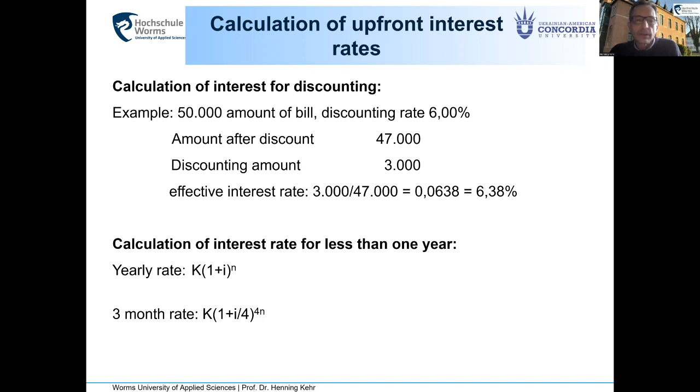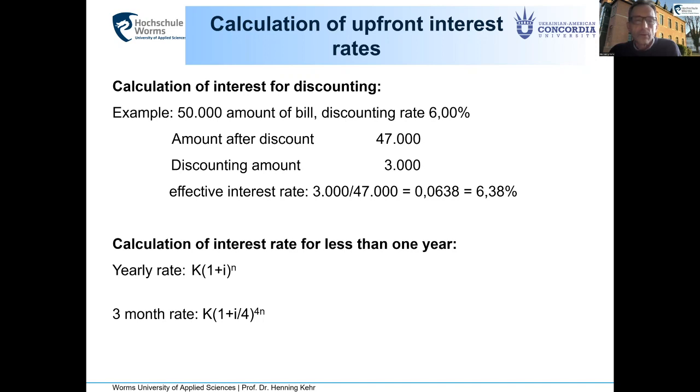That means here in this special case, 50,000 as a credit line, 6% is 3,000 if you calculate for 1 year. And then you receive not the 50,000 as a credit, but only 50,000 minus 3,000, that means 47,000.